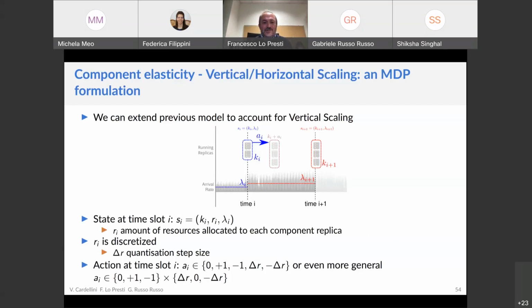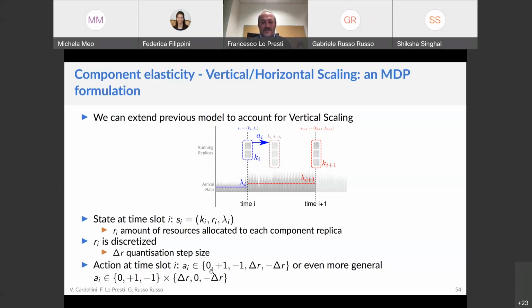So we can change our system slightly: rather than the number of replicas and input rate, the state is the number of resources allocated to each replica and the arrival rate. And changing the actions, we play around rather than just adding or removing something, also downsizing or upsizing my resource.